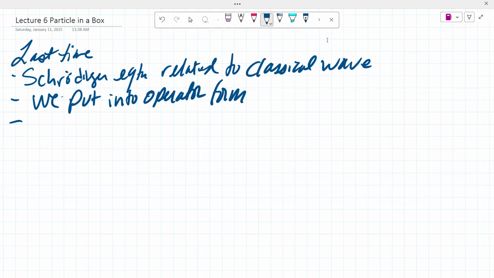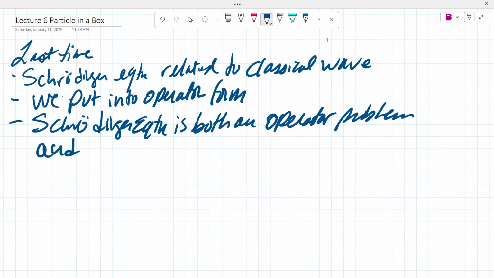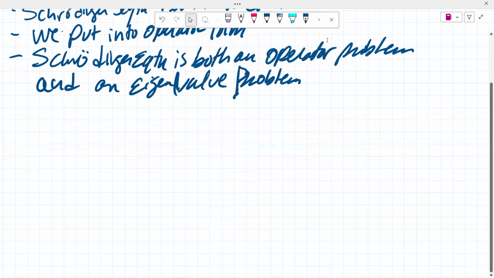And we saw that the Schrodinger equation is both an operator problem and an eigenvalue problem. Because of that, we had taken a few moments to understand how we could solve the operator problems and the eigenvalue problems, just in case somebody's not familiar with that.